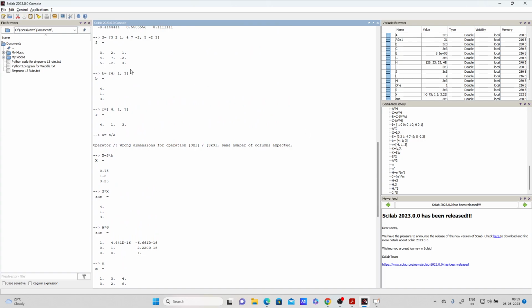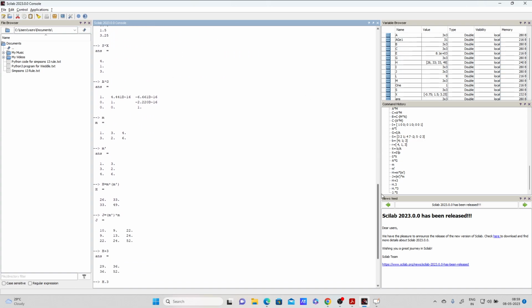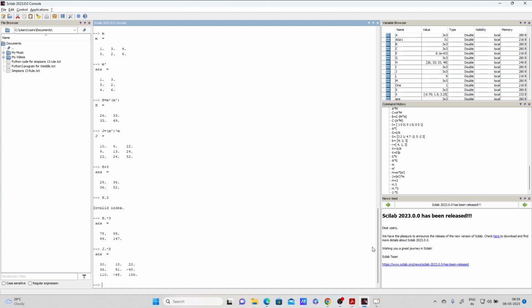The central entry here is 7, A22 is 7, and in J the central entry is 13. So the product will be 13 into 7, that is 70 plus 21, 91. So we have 91 here.